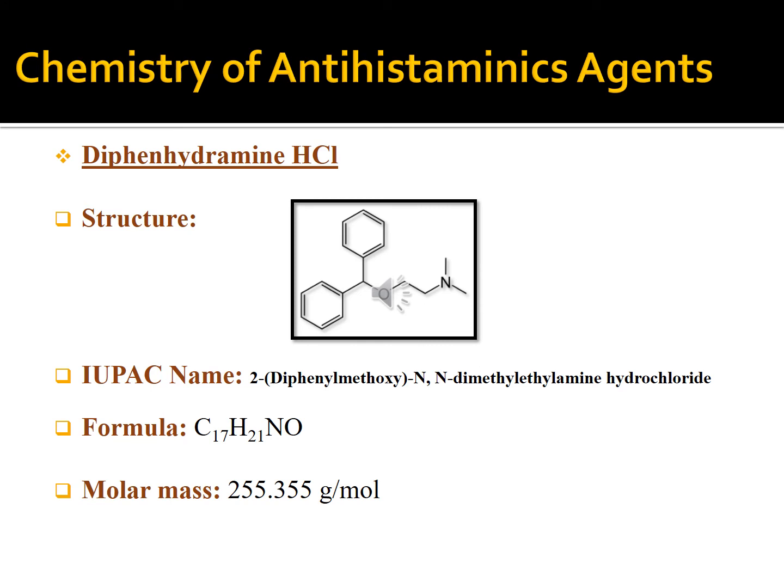Now here we will discuss the chemistry of antihistaminic agents. So here we will discuss diphenhydramine hydrochloride. You can see the structure of diphenhydramine, and the IUPAC name of diphenhydramine hydrochloride is 2-diphenylmethoxy-N,N-dimethylethylamine hydrochloride.